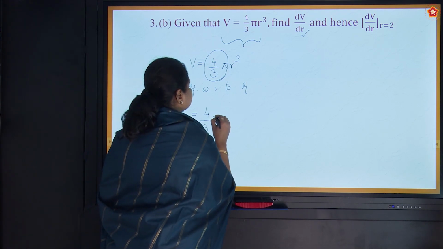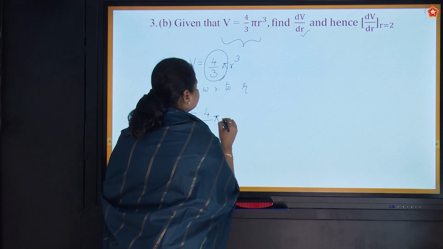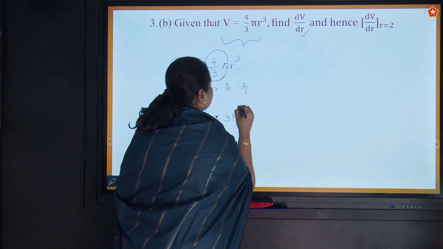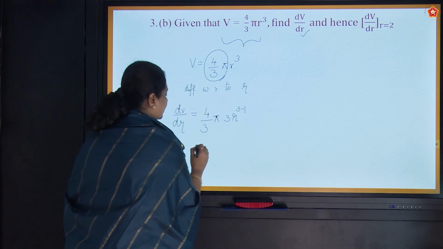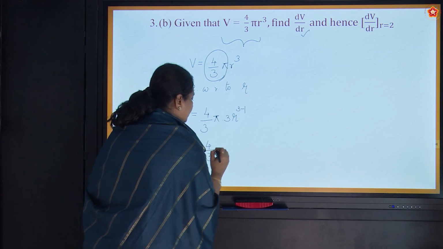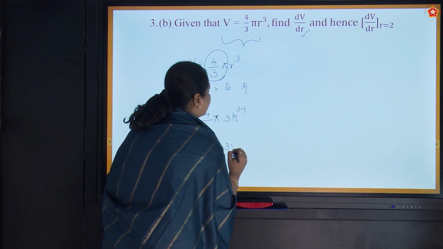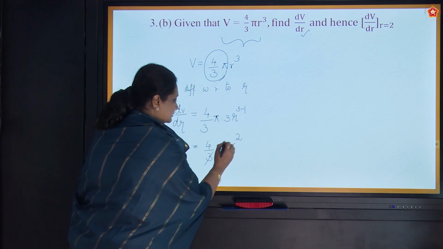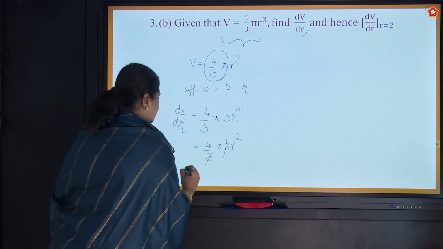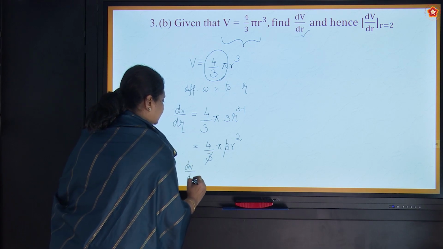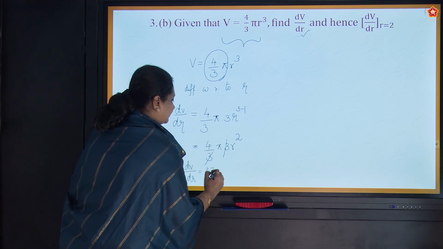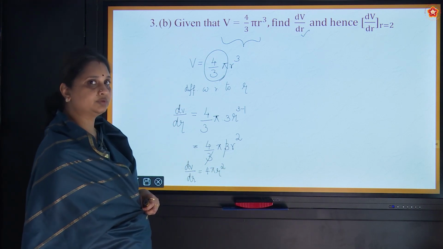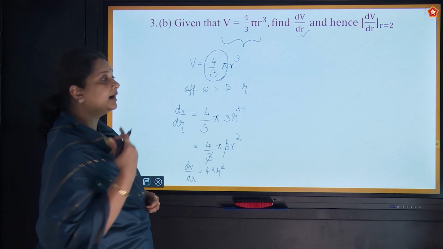It's like how we treat x. So we bring the power down, 3, r power 3 minus 1. So I have 4 by 3 pi 3 r square. Now when I simplify this, I know that I can cancel this out. So my dv by dr is going to be 4 pi r square. Now what am I asked to find? I am asked to find dv by dr at r is equal to 2.